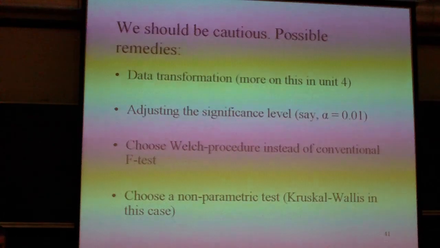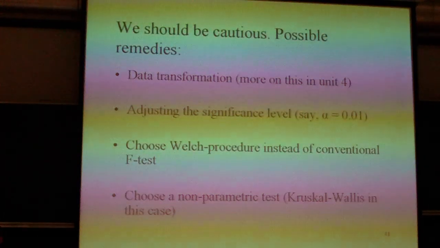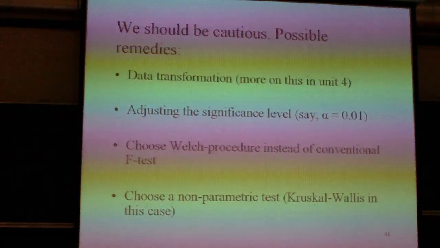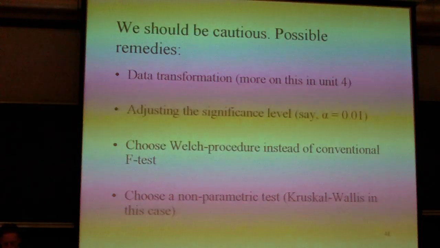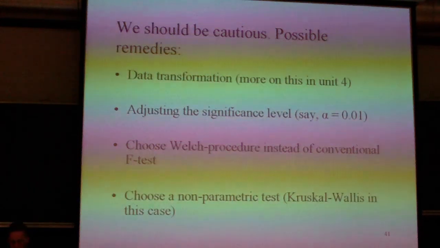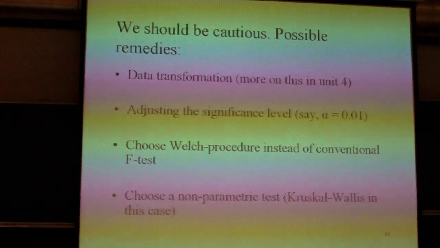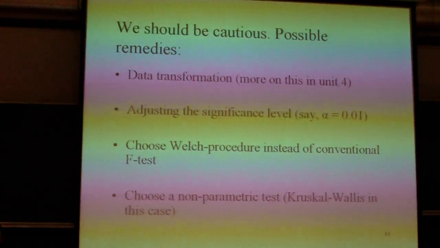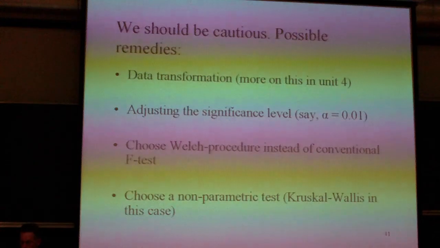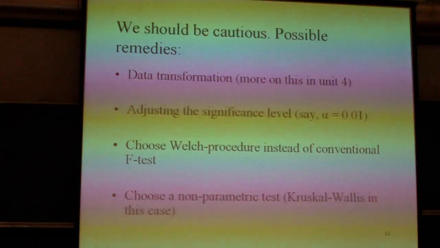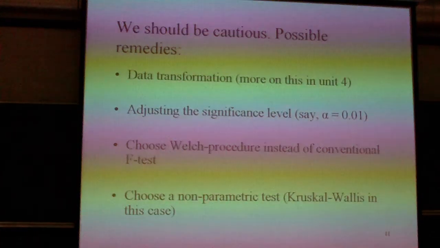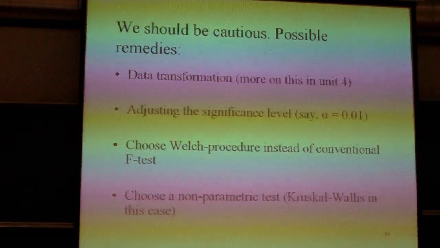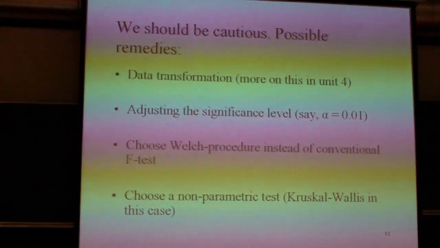And then, finally, instead of doing an analysis of variance, you can choose for a so-called non-parametric test, known as the Kruskal-Wallis test. In this particular case, non-parametric tests focus on ordinal information in the data and do not make any specific assumptions on the form of the distribution or on the equality of variance.